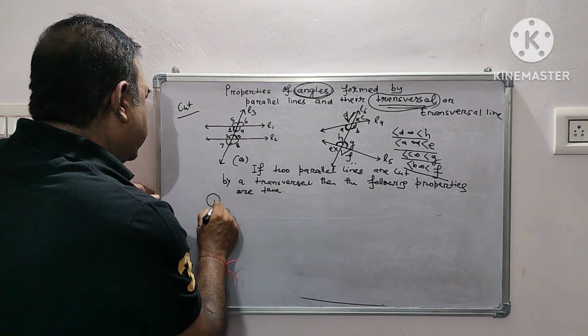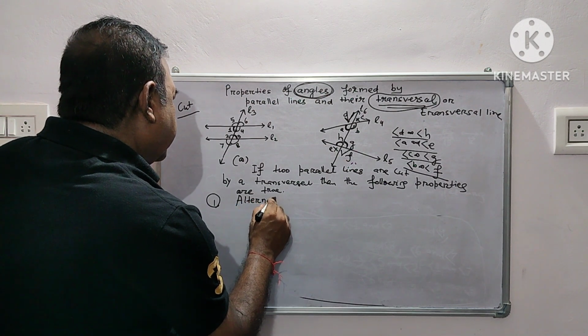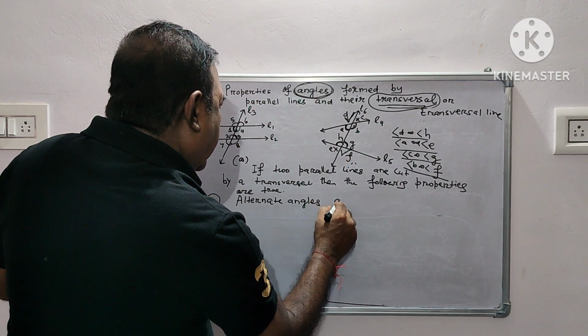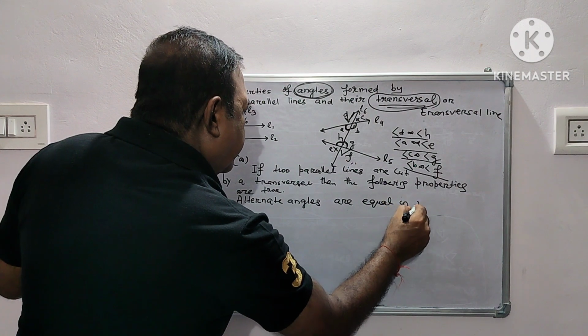What are these, you see? Alternate angles are equal in measure.